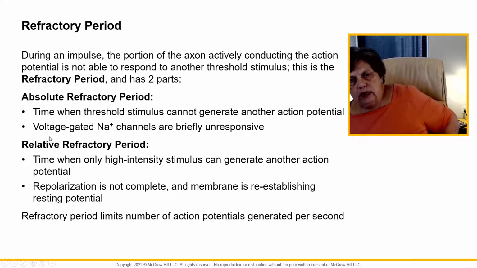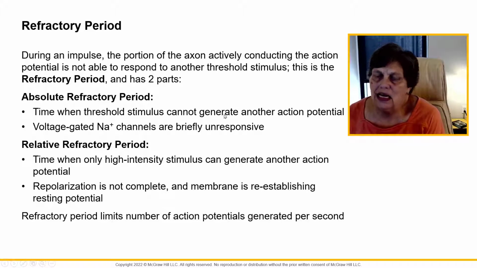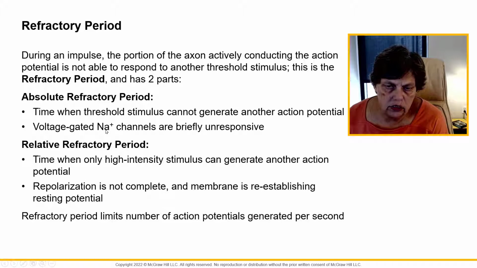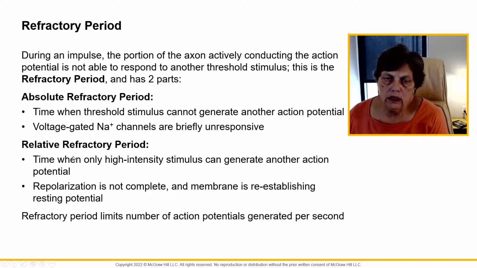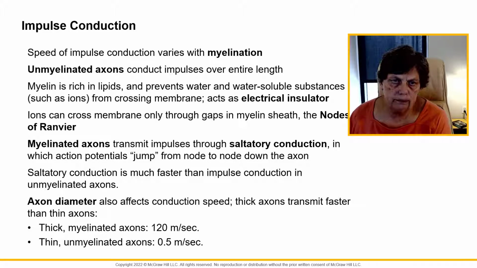Basically, the absolute is when you just cannot generate another action potential, and the sodium channels are unresponsive. The relative refractory period is when a high intensity stimulus can generate another action potential. It's a lot of stimuli hitting you. The repolarization is not complete, and you can move it.